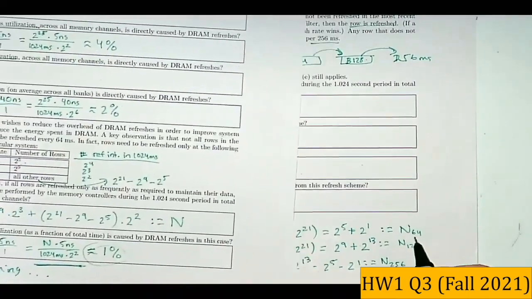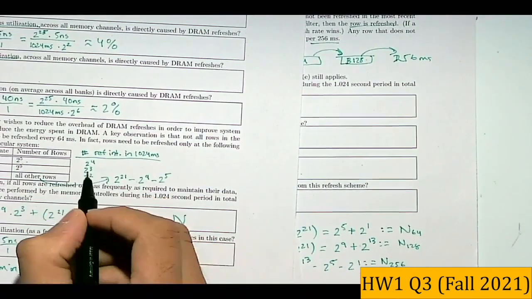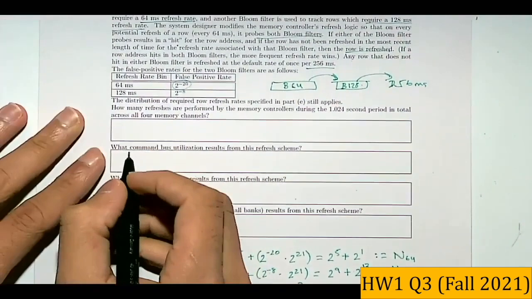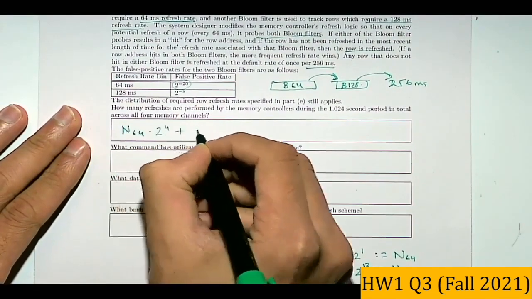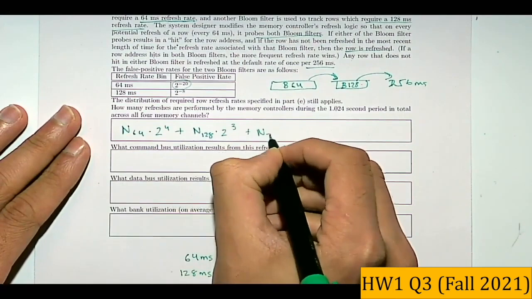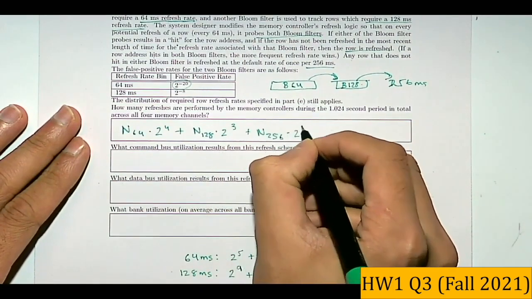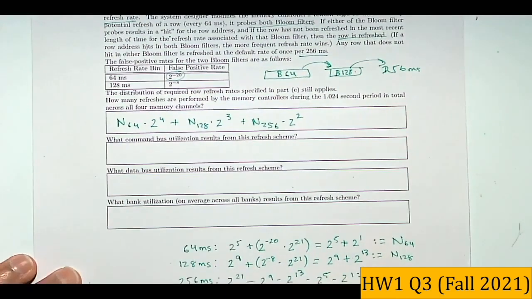So we have N64 rows that get refreshed 2 to the 4 times, N128 rows 2 to the 3 times, and N256 rows 2 to the 2 times. So we write N64 times 2 to the 4 plus N128 times 2 to the 3 plus N256 times 2 to the 2. That's all it is. It's just computing a different number of rows.